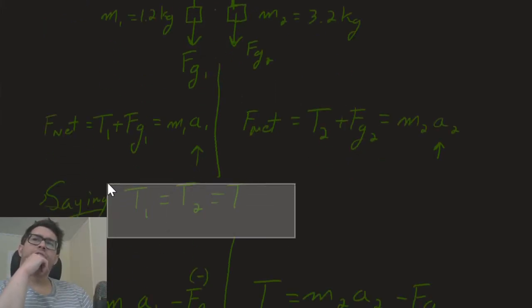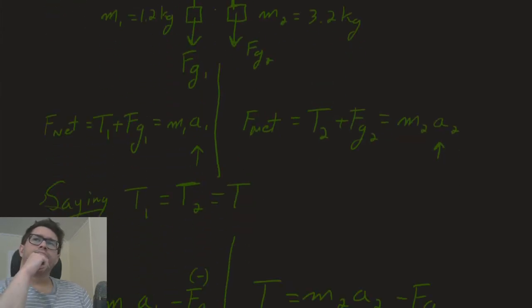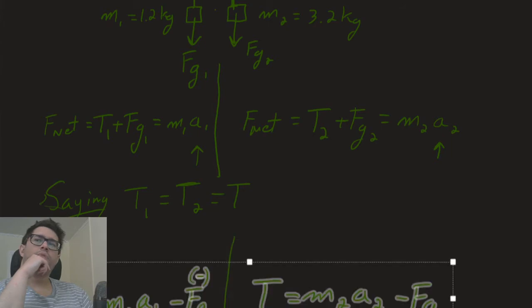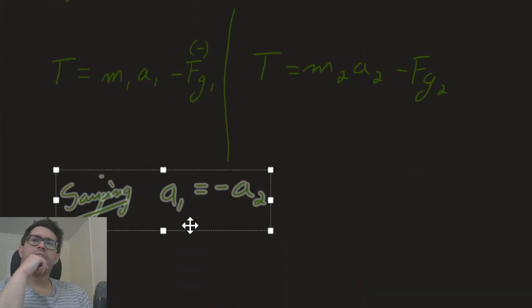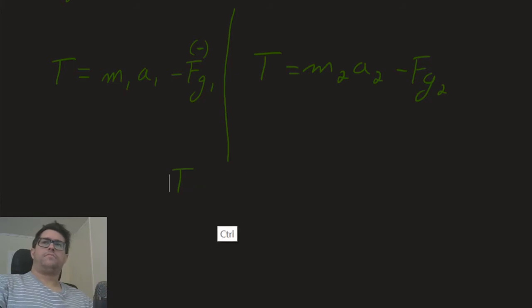Okay, and then we're just replacing T2 and T1 for just T, because it's the same tension. And then we're focusing on T. And the reason why we're doing this is so that we can unite them, if T is equal to T, because they're the same, right? Or we can just say, what is equal to M2A minus Fg2?